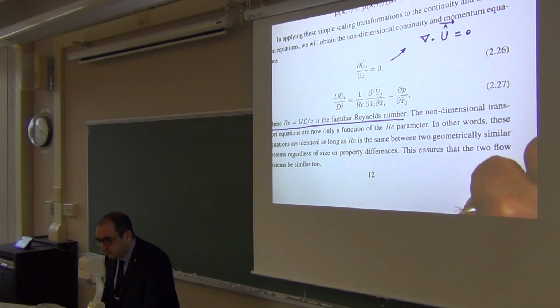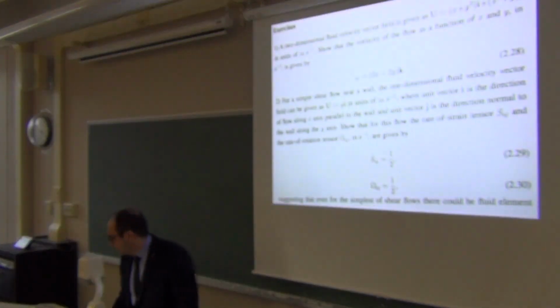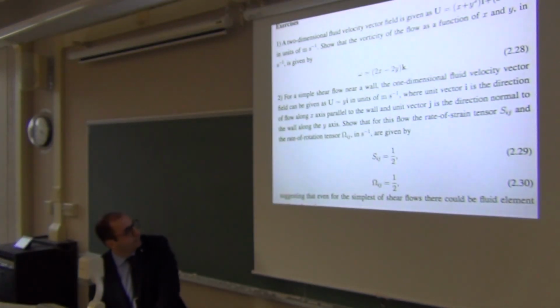I would very quickly do one problem from this chapter, a very short problem, to nicely finish this chapter and be ready for chapter 3 next time. I just want to do exercise number 2 here.